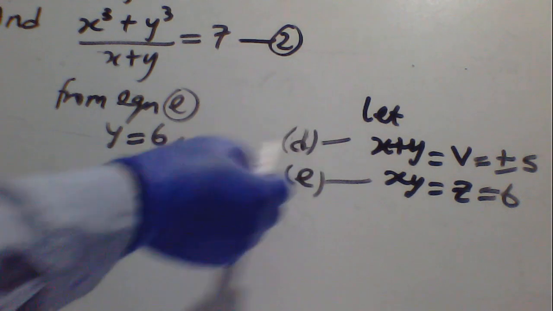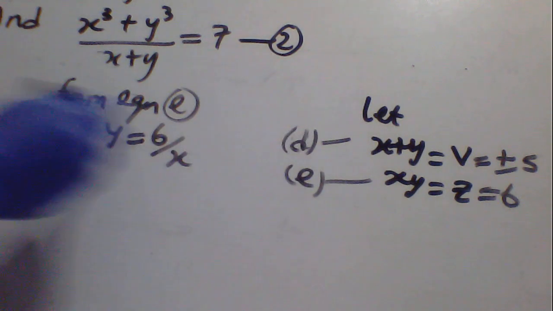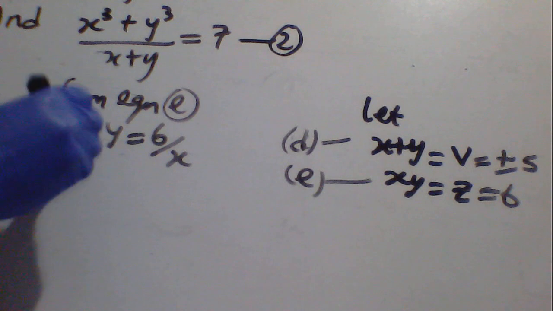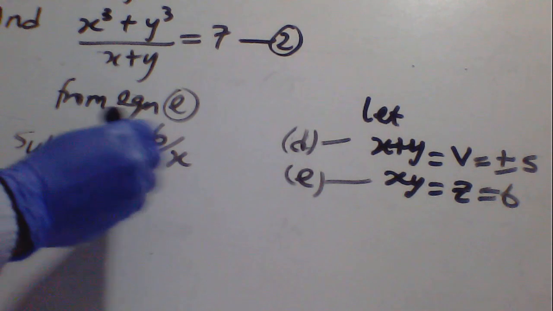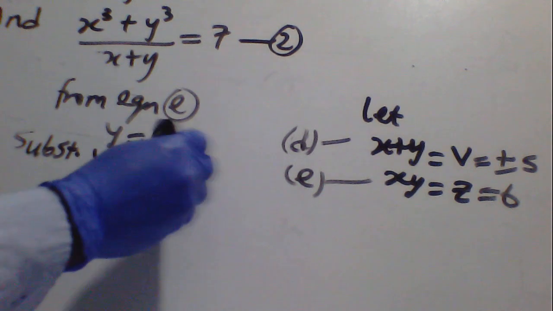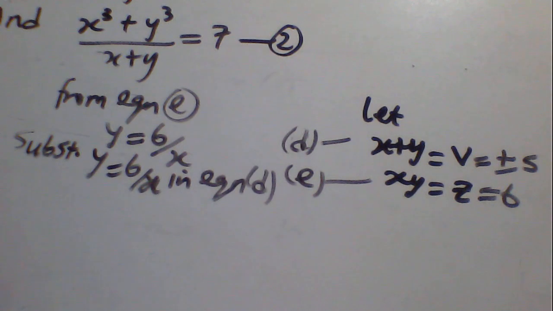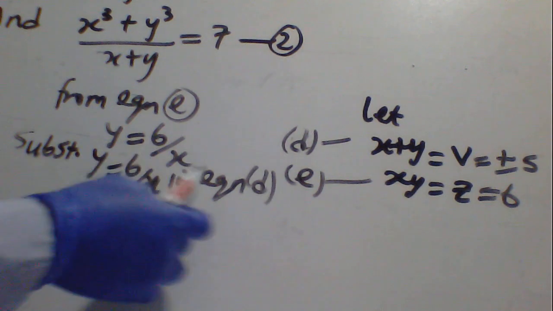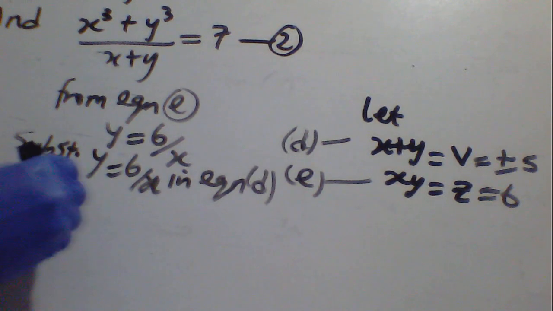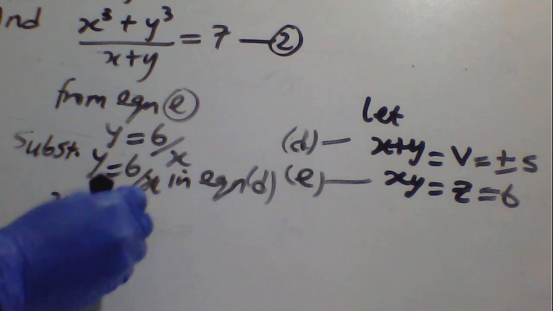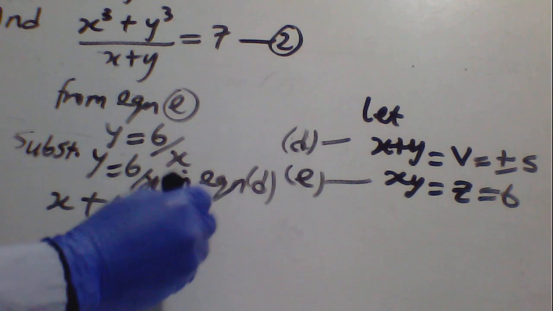Substitute it in equation D. Substitute y equals to 6 over x in equation D. So in this case, wherever you see y, you put 6 over x. So we have x plus 6 over x is equals to plus or minus 5.